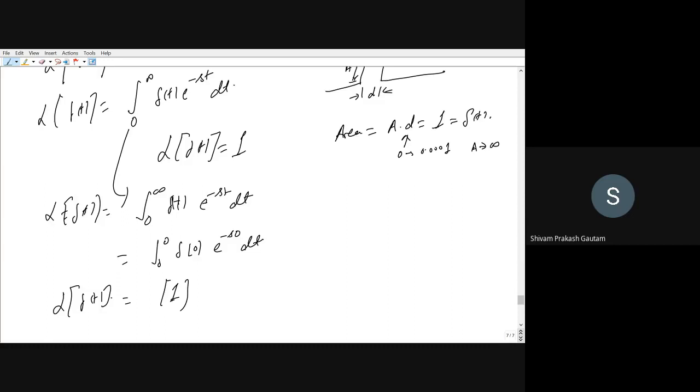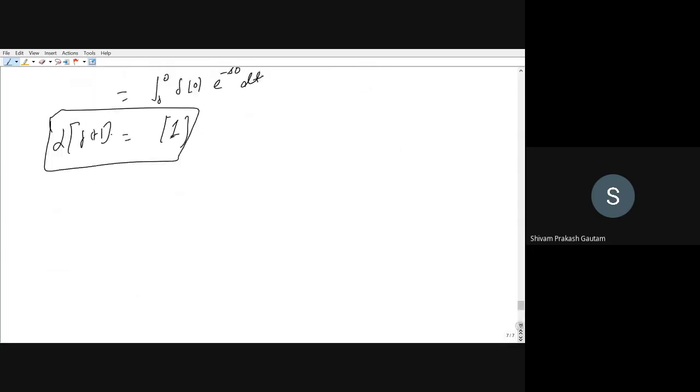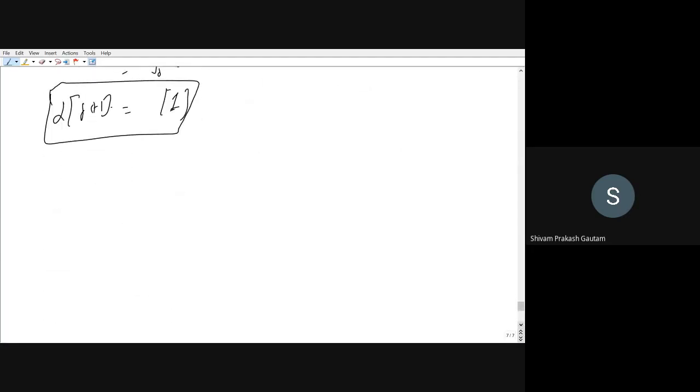Okay. Just remember that the Laplace transform of del t is equal to 1. This is the important part. So I will again recollect for all of you. We have some standard signals. The first one is the impulse function or impulse signal. The second one is the unit step function or step signal.